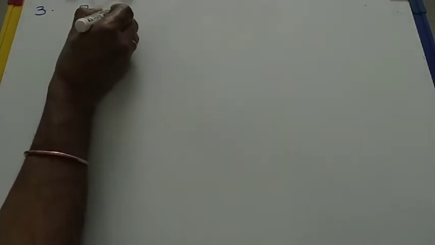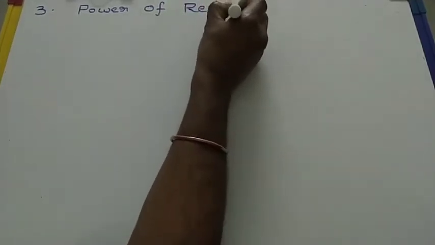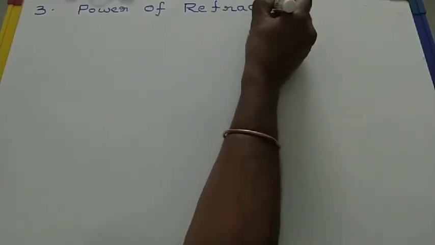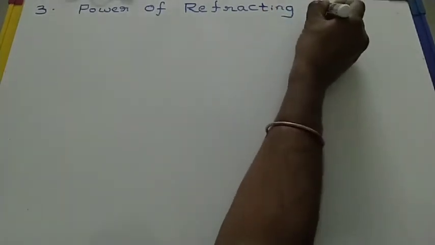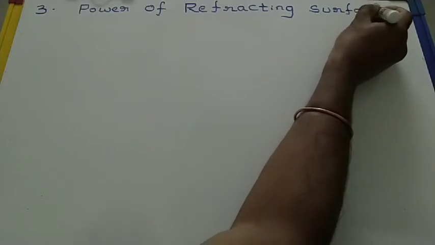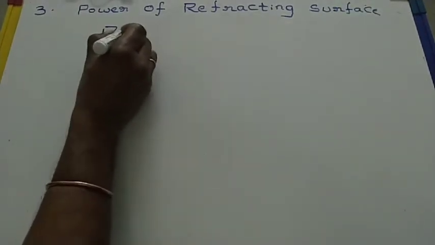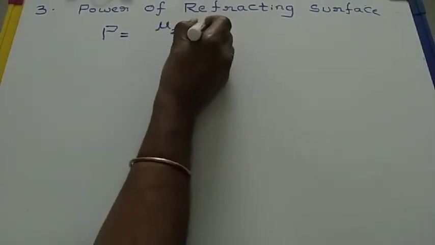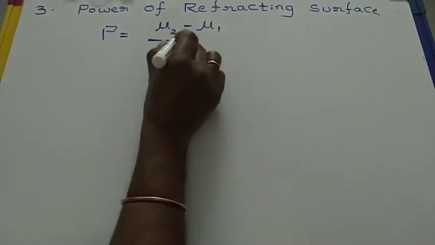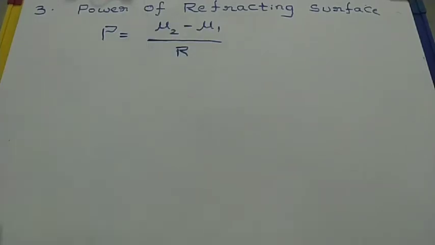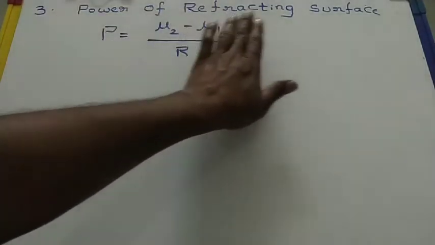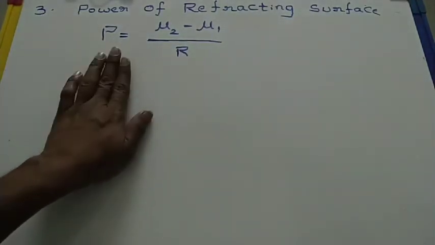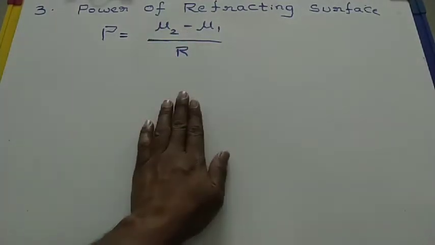Power of refracting surface P is equal to mu2 minus mu1 whole by R. Once again, power of refracting surface is given by P is equal to mu2 minus mu1 by R.